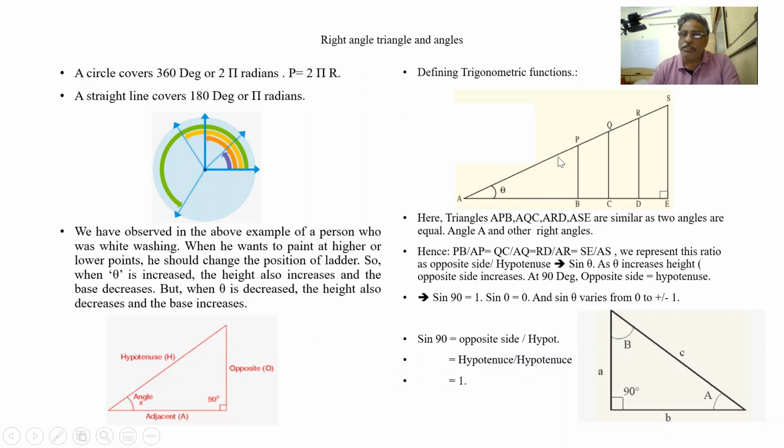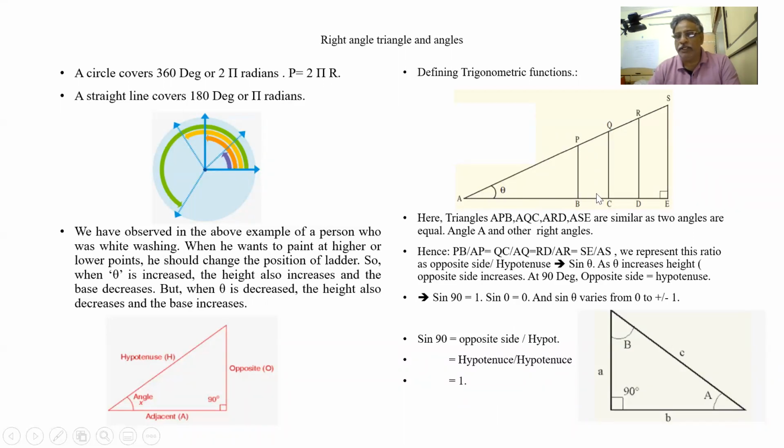The ratio is the same, the cost of apple is the same, 5 rupees per apple. So this is what we call similar triangles, because the ratio is the same and the initial angle is the same.